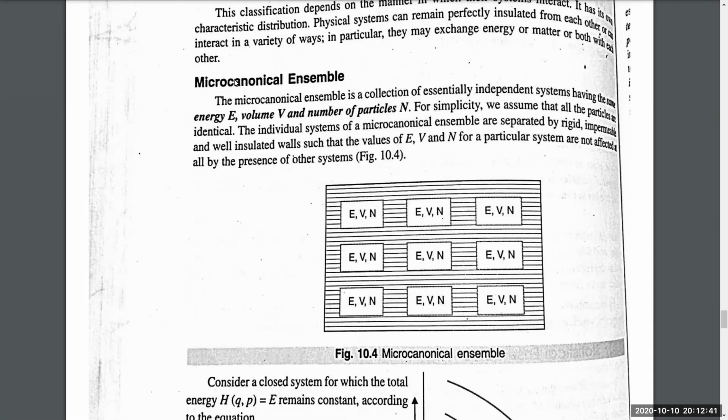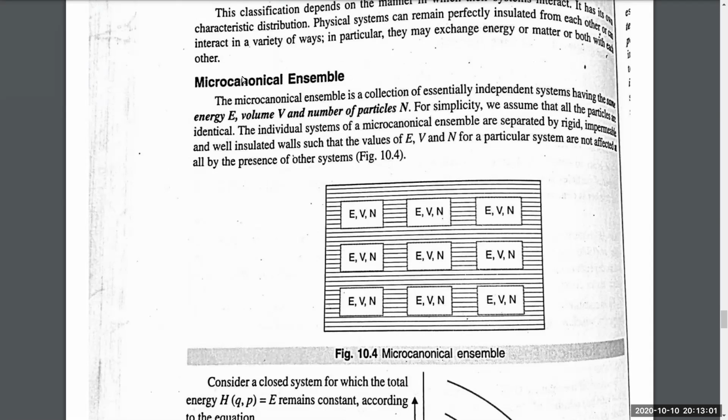So the individual systems of a microcanonical ensemble are separated by rigid, impermeable, as well as insulated walls, such that the values of E, V, and N for a particular system are not affected at all by the presence of other systems. So these are macro states.